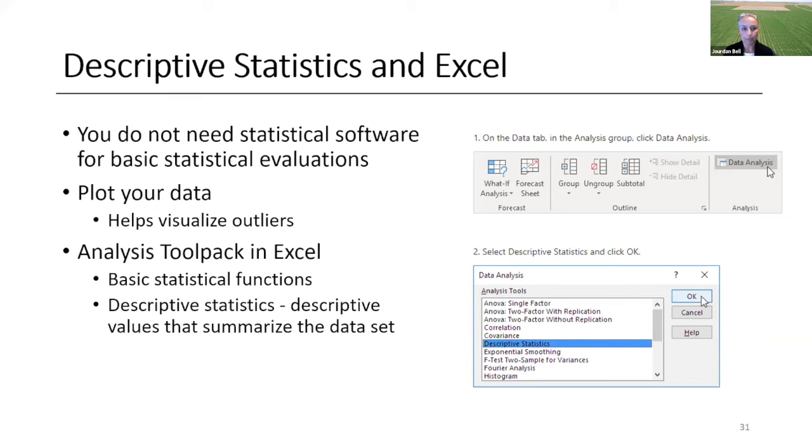It has very basic statistical functions that allow you to provide these descriptive statistics. And descriptive statistics are exactly what they say they are. They describe values that summarize the data set. So this is going to be your mean, your median, standard deviation, those very basic statistics.